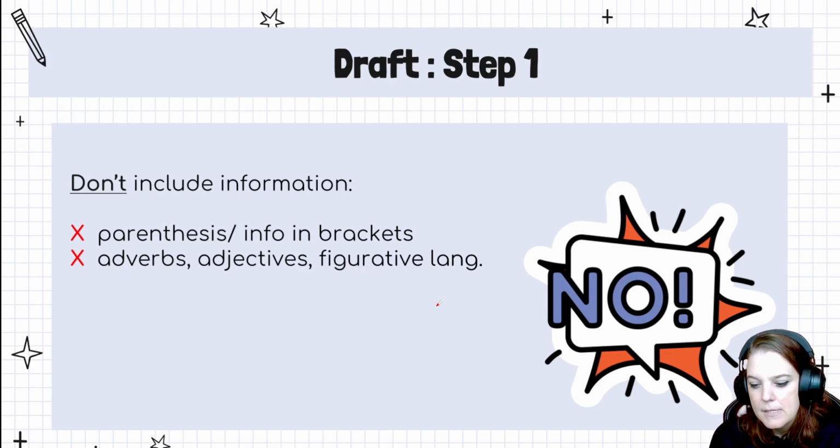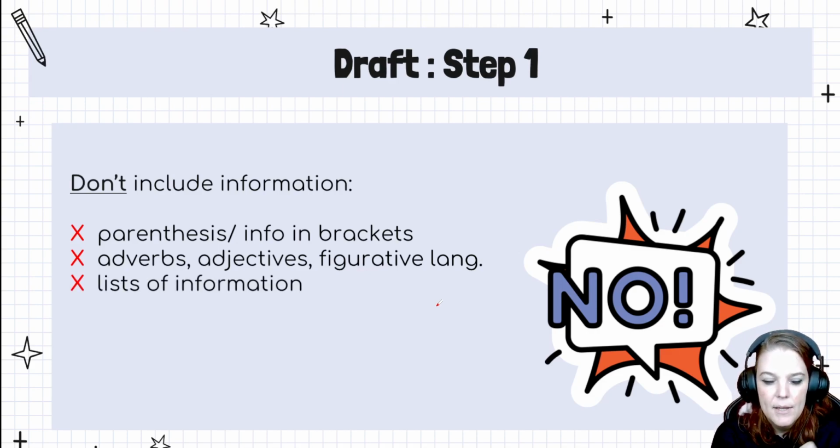We just want the basics of what we're looking for here. Lists of information: if we have to find the benefits of vegetables in our diet, we don't want a big long list of all the vegetables. That's not necessary. No statistics.